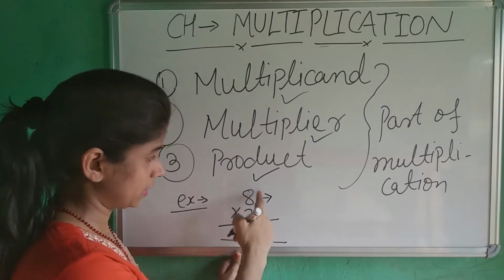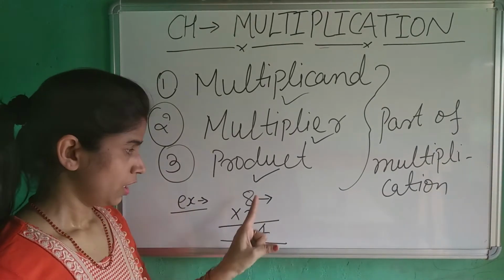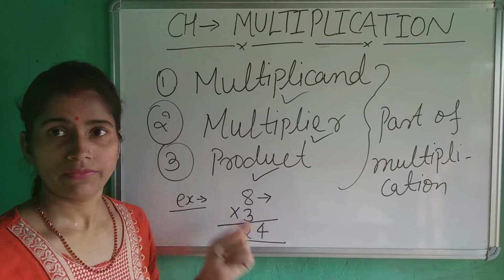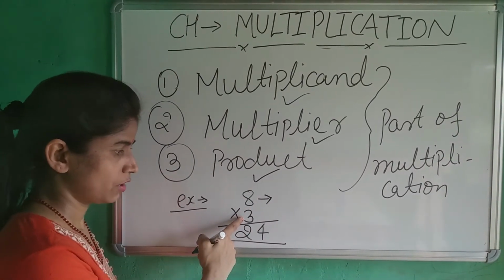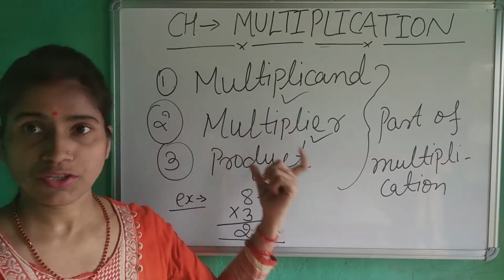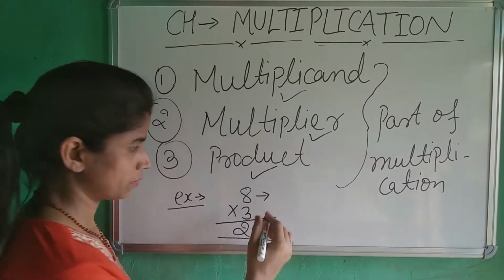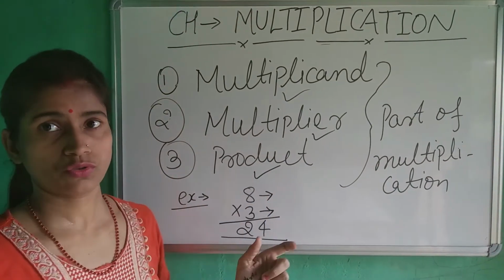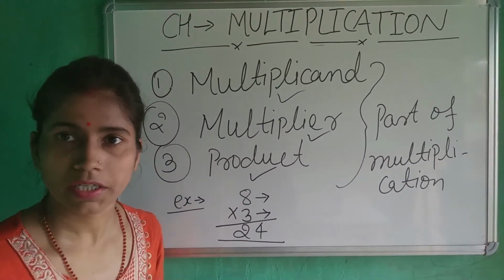The number to be multiplied is called multiplicand. So in 8 multiplied by 3, we are multiplying 8 by which number? By 3. So the number by which we multiply is the multiplier, and the number which is going to be multiplied is the multiplicand.